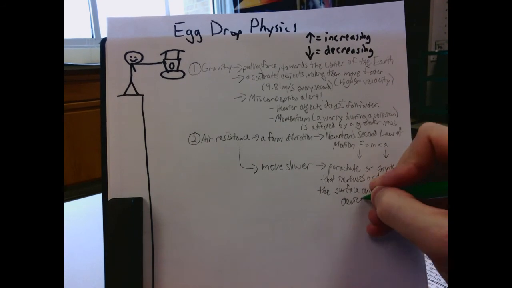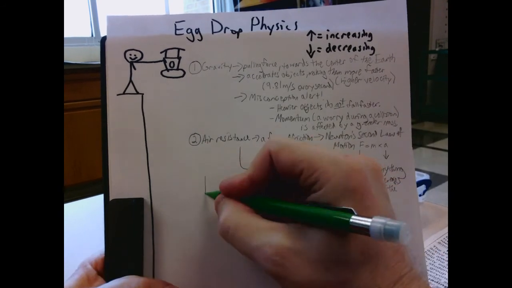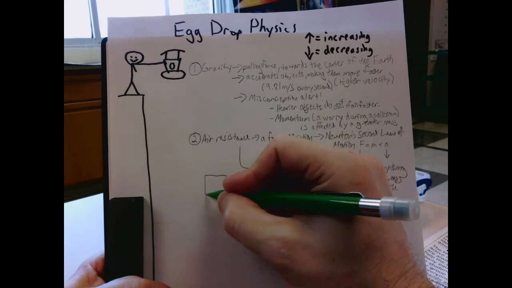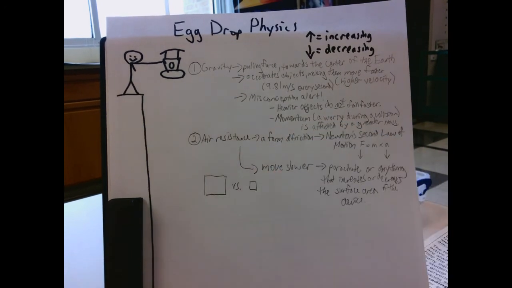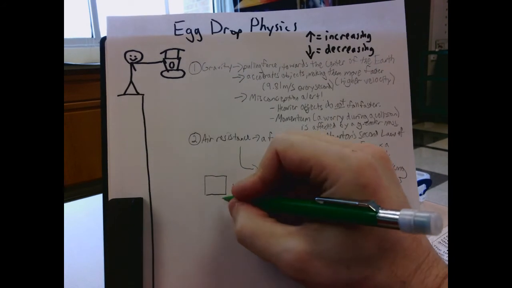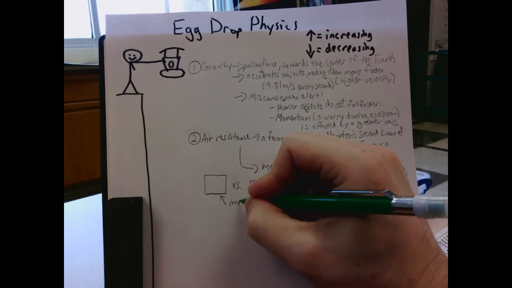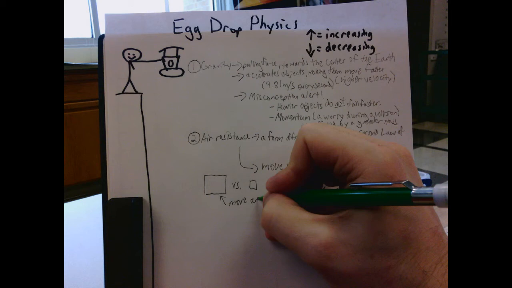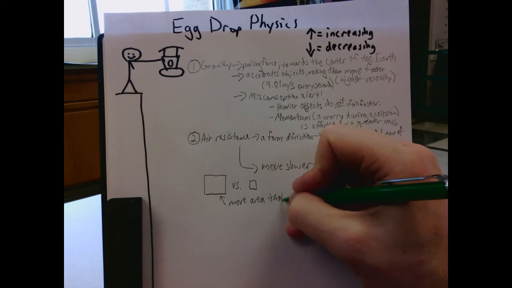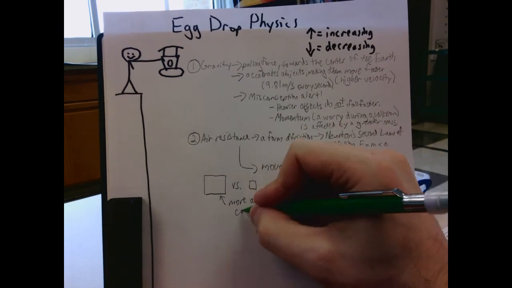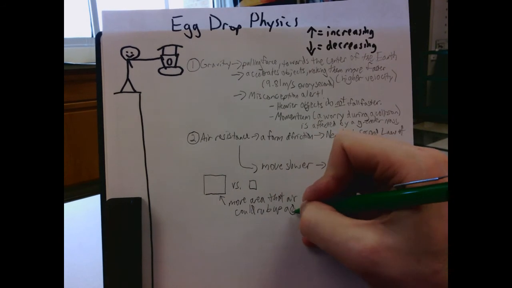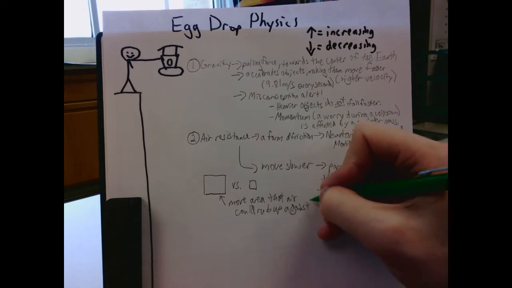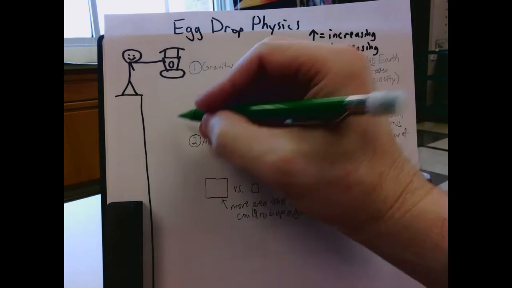And I'm going to try to illustrate that for you here. If we compare this box to this box, this is more area that air could rub up against. Let's go ahead and diagram this in the little gap that we have here.